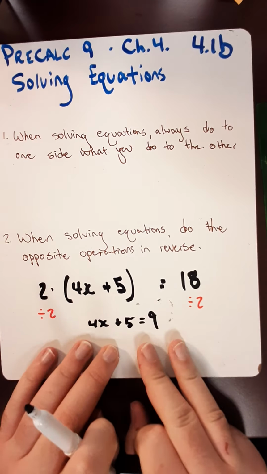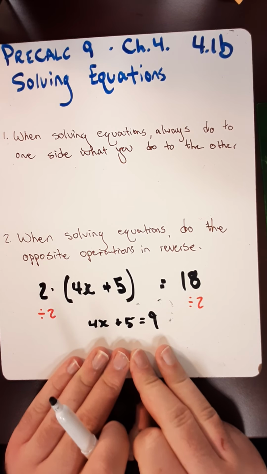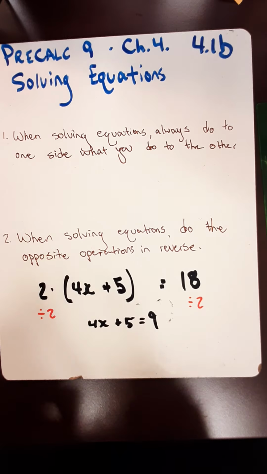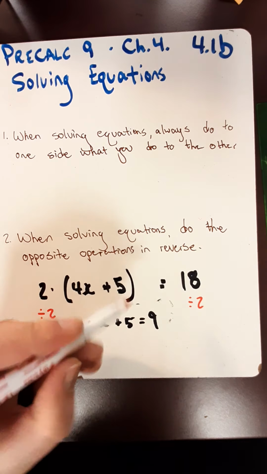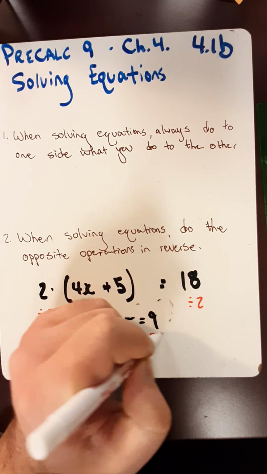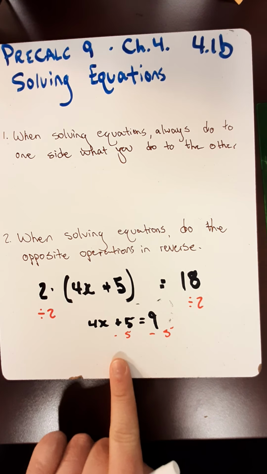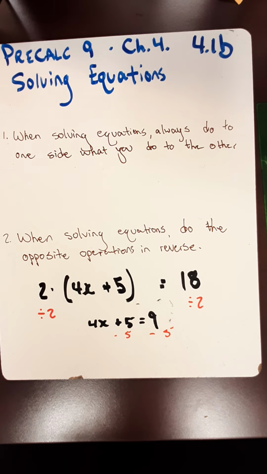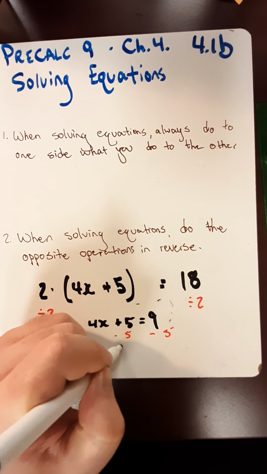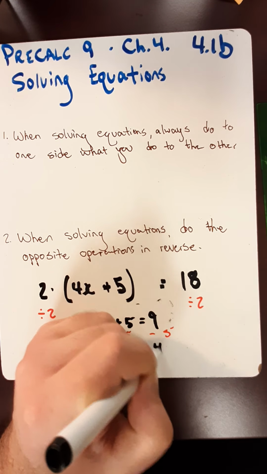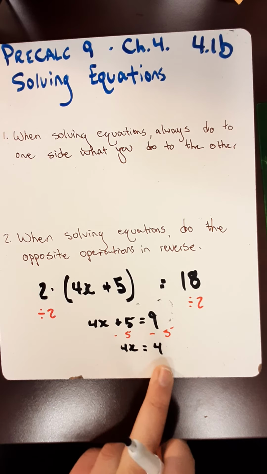Okay, so now the very last thing that was done to 4x plus 5 was adding 5, and the reverse of adding 5 would be subtracting 5. And because it's an equation and I want to keep things equal, I'll do it to both sides. Minus 5 on this side, minus 5 on that side. 4x equals 4.